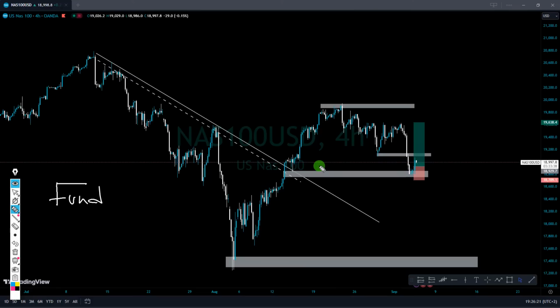We still have higher interest rates in the US. We're expecting rate cuts this month, and it seems like jobs are going down. Employment is slowly going down, manufacturing is going down. Those things have a direct impact on the stock markets.